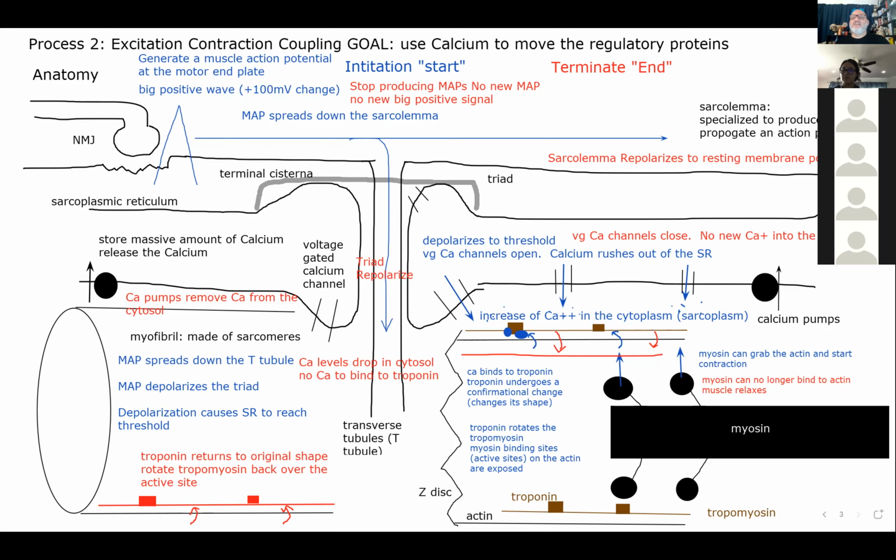But basically, the short answer to this, and it isn't a short answer question, is that obviously how much power we produce is going to be determined by the number of myosin heads that grab and pull.